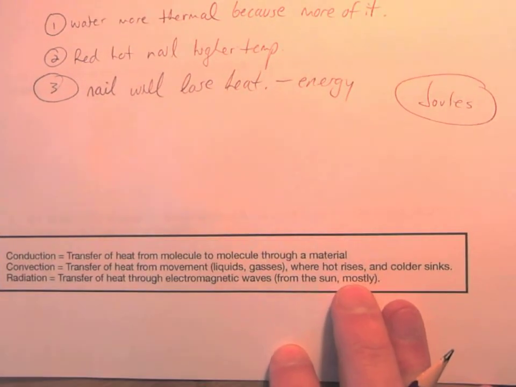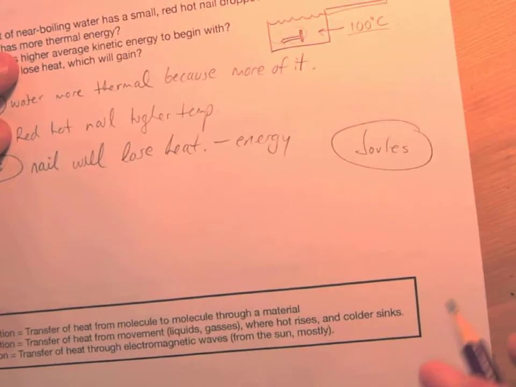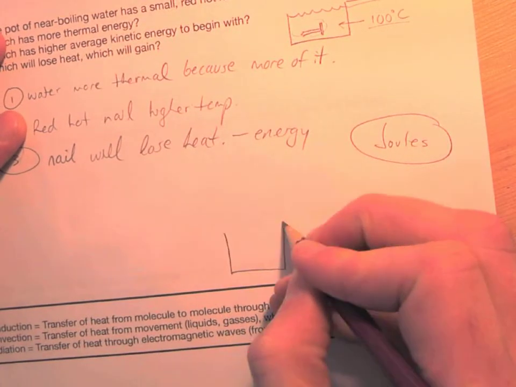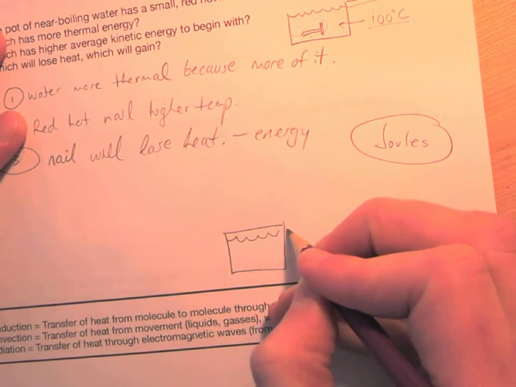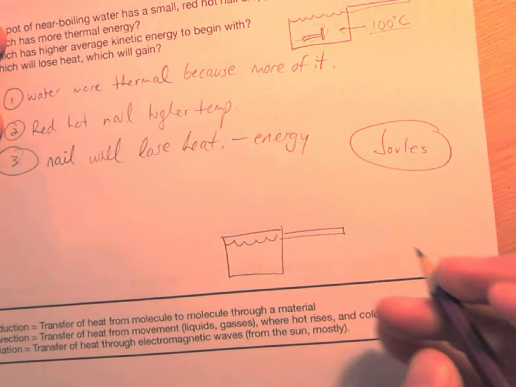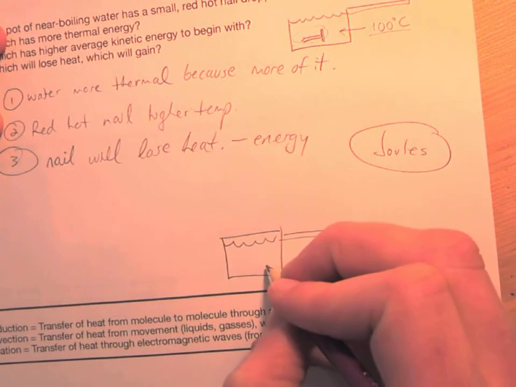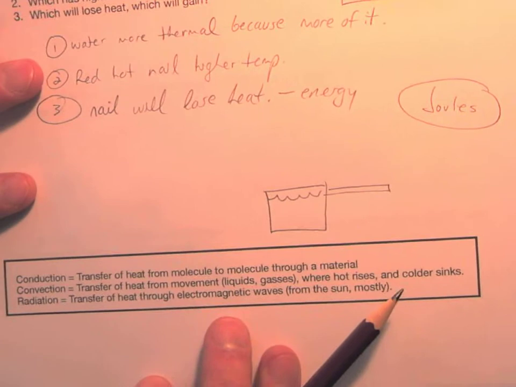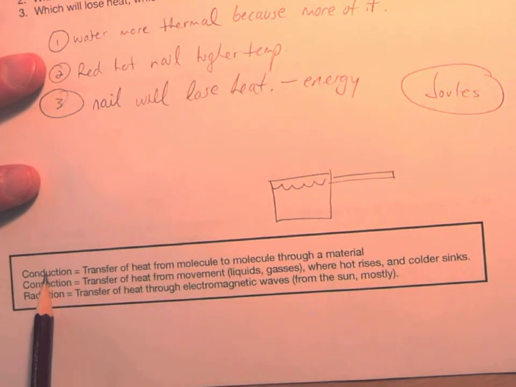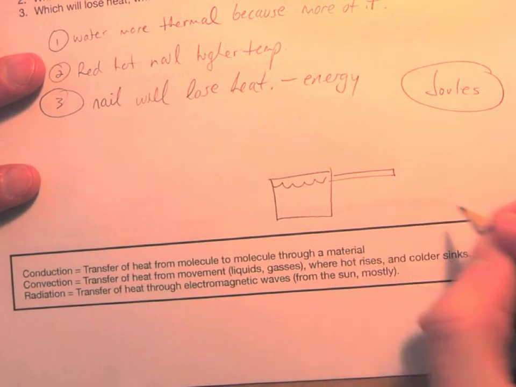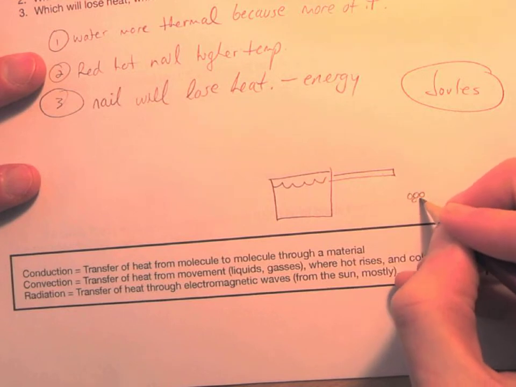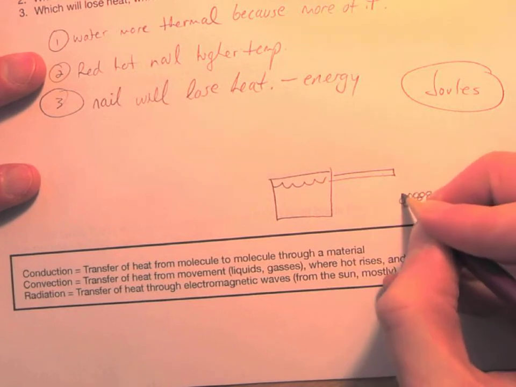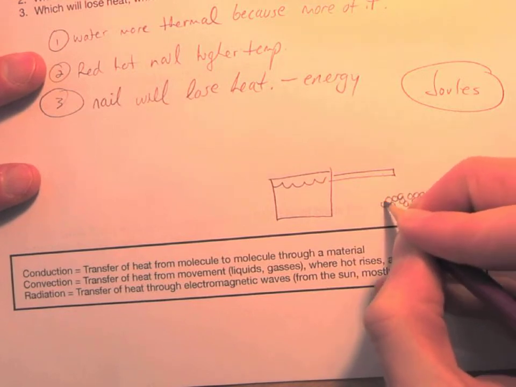And last of all, if I draw this pot again with the handle, they have this word called conduction. You might have heard it in Science 10, which is the transfer of heat from molecule to molecule through material. So this handle, again, has little tiny atoms everywhere, very, very small.